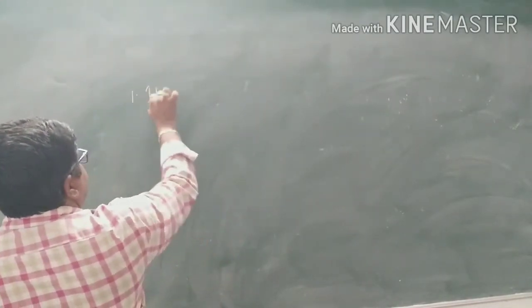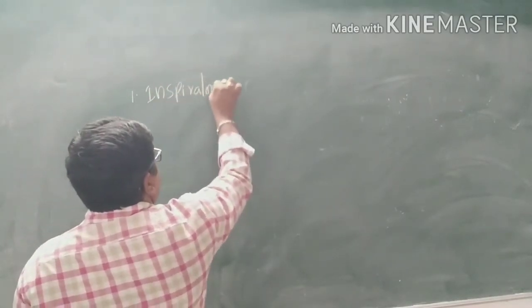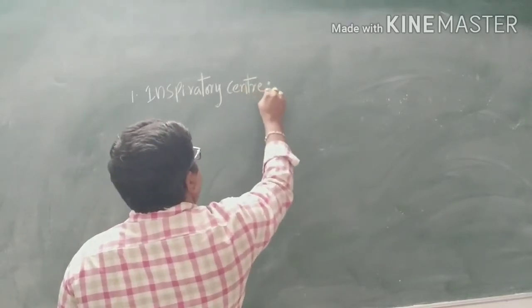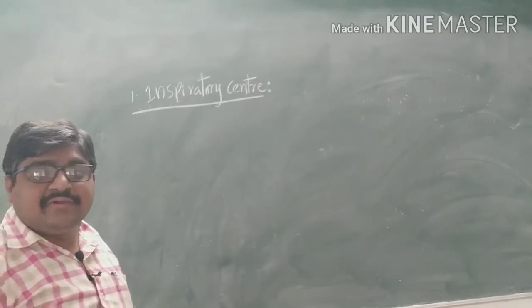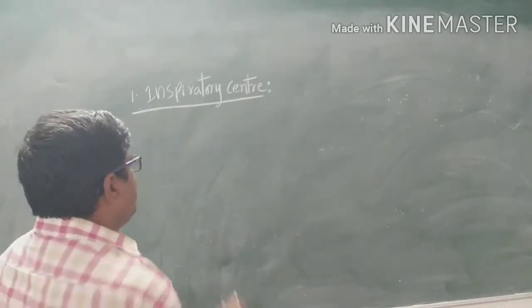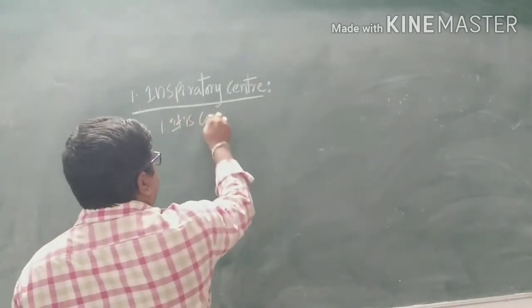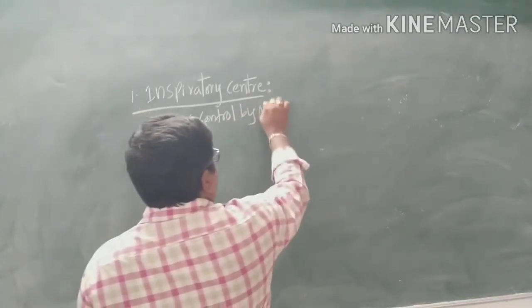Now coming to the first one, the inspiratory center. It is controlled by the medulla oblongata.